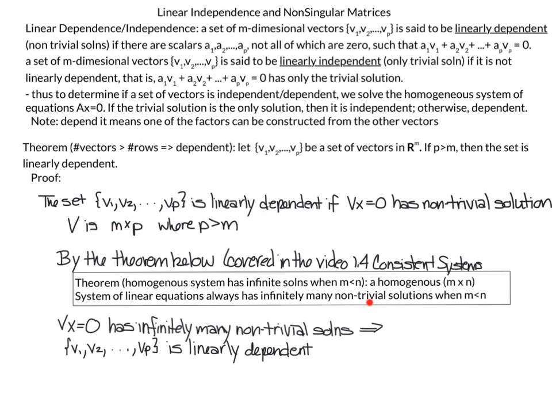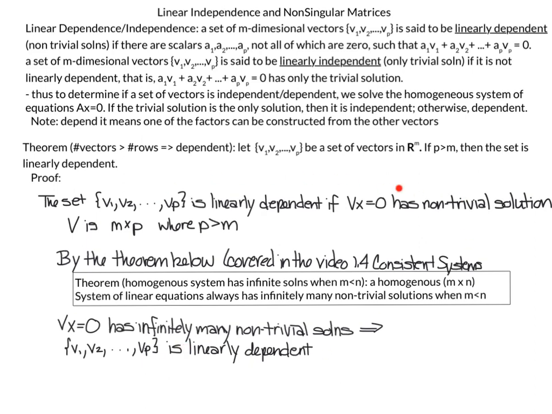Using the same theorem as in our last problem, since m is less than n, in other words the number of rows is less than the number of columns, then Vx = 0 has infinitely many non-trivial solutions, and therefore v1 through vp is linearly dependent.